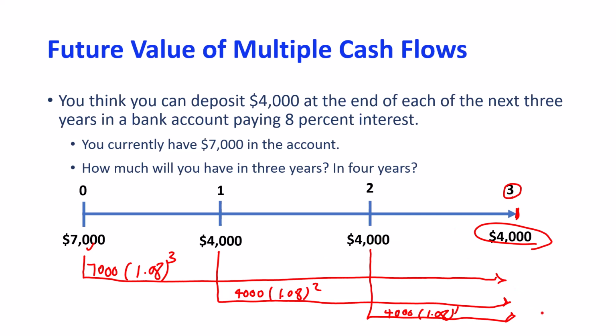And then all you have to do is just find their future values, add them together, plus 4,000. That would be the value of the account in 3 years. And then if you want to find the value in 4 years, you just multiply whatever you find here as the result by 1.08.